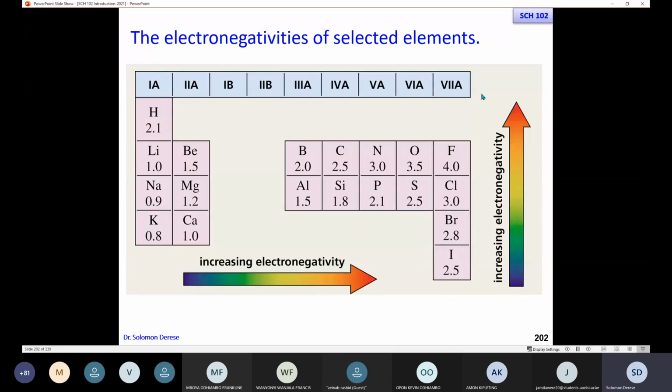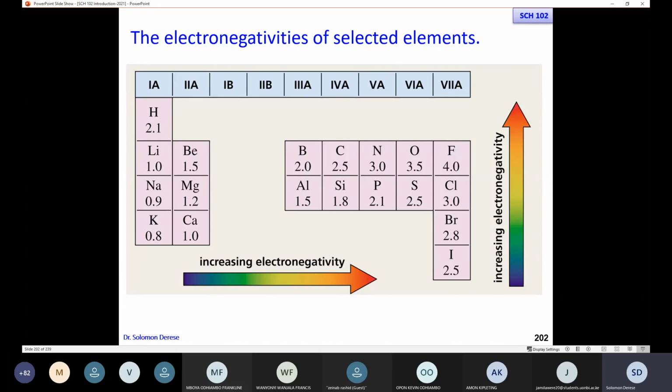We are not considering the noble gases because they hardly get involved in any type of chemical bond. So we don't worry about their electronegativity. As a result, the most electronegative elements are the ones that you find on the right of the periodic table.